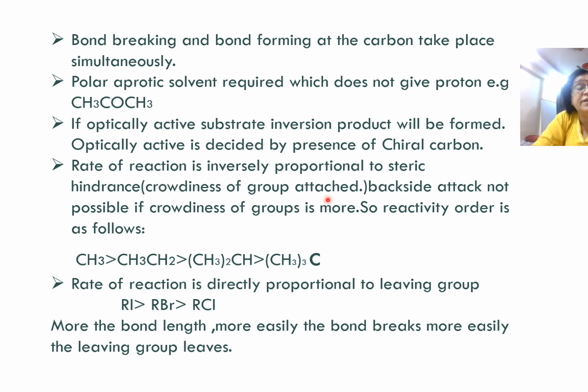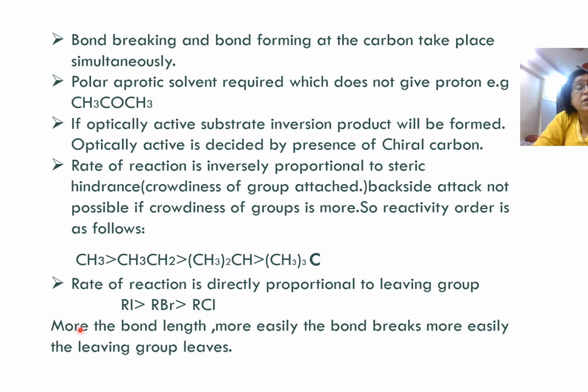So the more groups attached, the lesser the rate of reaction. So this SN2 mechanism will be more feasible with methyl bromide, then ethyl bromide, then isopropyl bromide, which contains a 2 degree carbon, and then tertiary butyl bromide, which contains a 3 degree carbon.